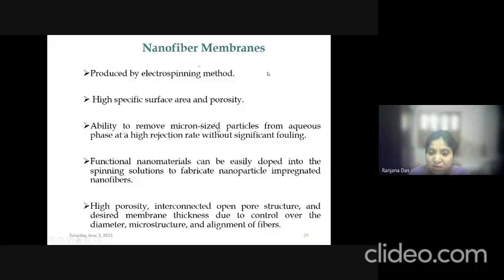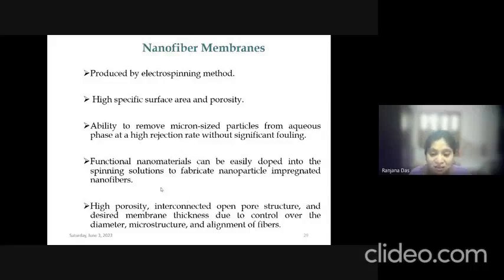Using these unique properties, the nanofiber membrane is now being used, and research is going on, to remove micropollutants, basically microplastics, from source water.